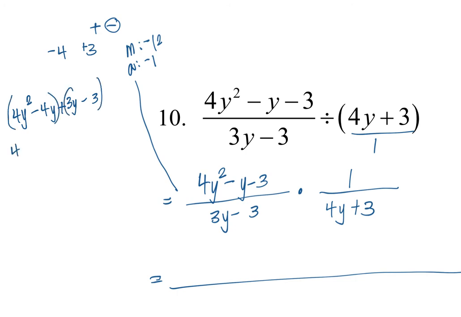I can pull out a 4y and be left with y minus 1. I can just pull out a 3 and be left with y minus 1, so that you can then pull out a y minus 1 and be left with 4y plus 3.